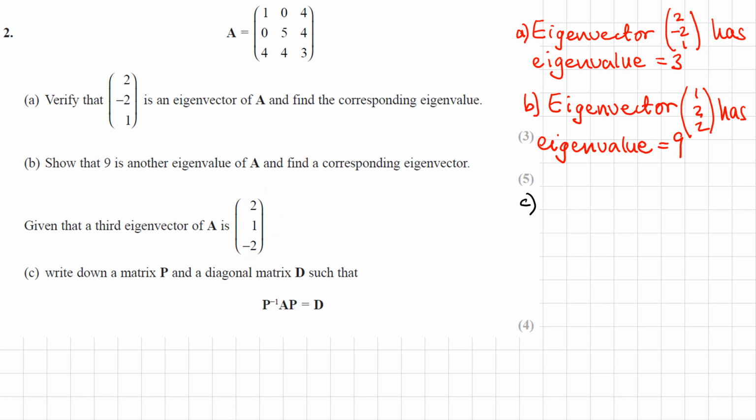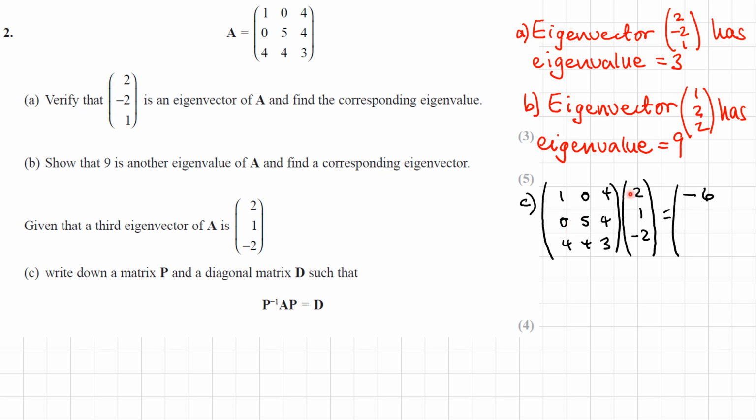So we'll take our matrix 1, 0, 4, 0, 5, 4, 4, 4, 3. We'll multiply it by the vector 2, 1, minus 2, and we're going to see what multiple we end up with. Right, so 1 times 2, which is 2, and then 0, and then minus 8. So 2 minus 8 is minus 6.